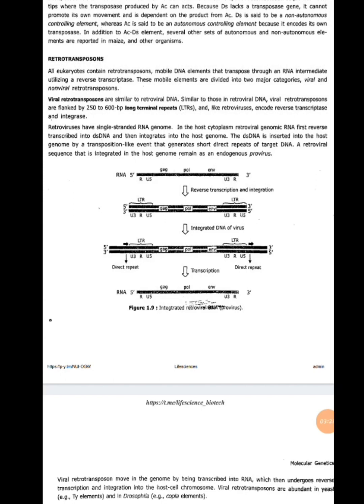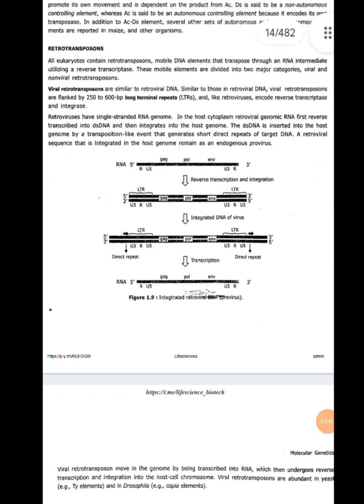So the LTR is there at the flanking region, and like retroviruses, they encode reverse transcriptase and integrase. So viral retrotransposons are kind of retroviruses. In retrotransposons, there is a flanking region at both ends known as LTR, the long terminal repeat, and in addition it has the reverse transcriptase and integrase elements.